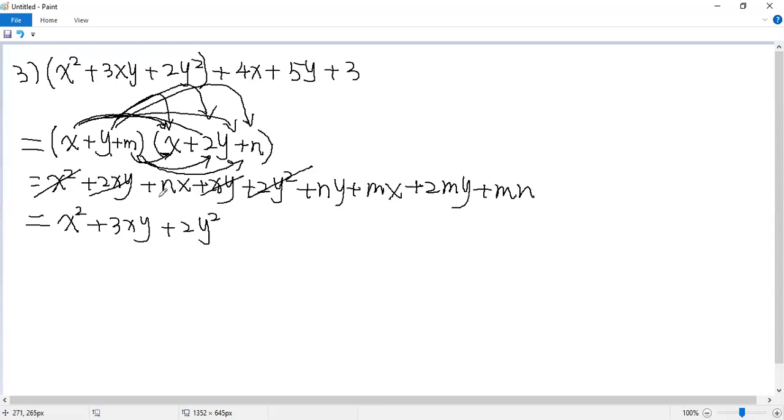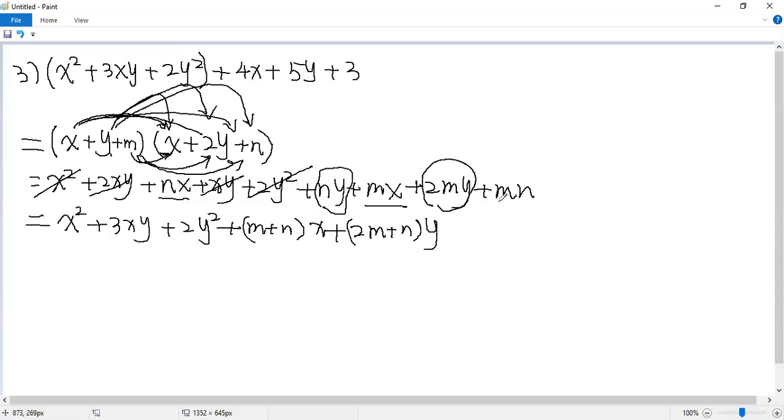Now, for x term, nx, mx, we get (m plus n)x. For y, ny, 2my, so we get (2m plus n)y, and plus mn.